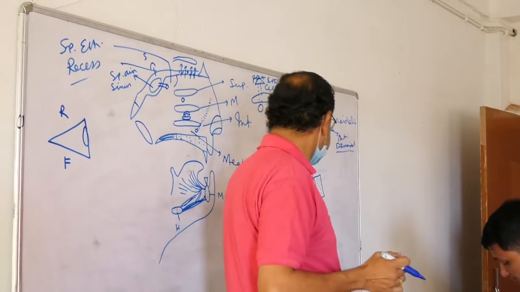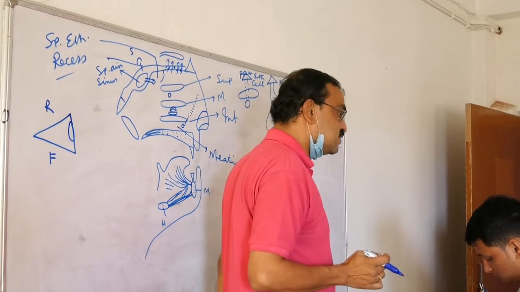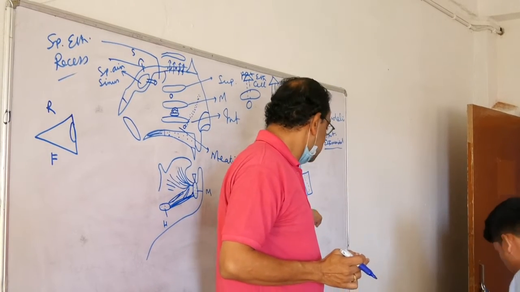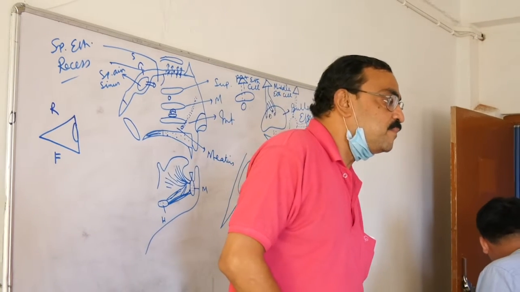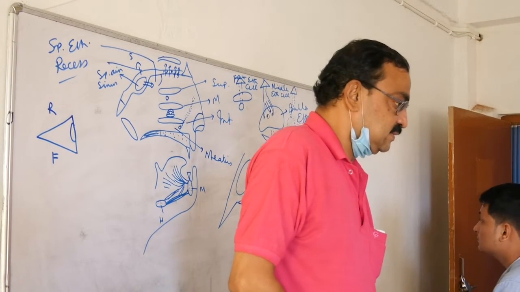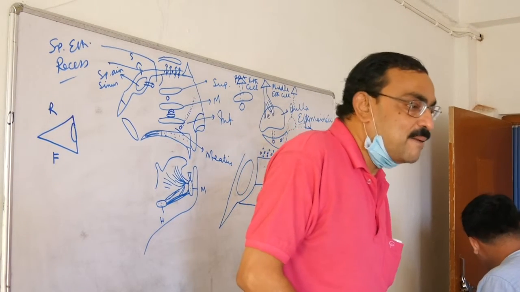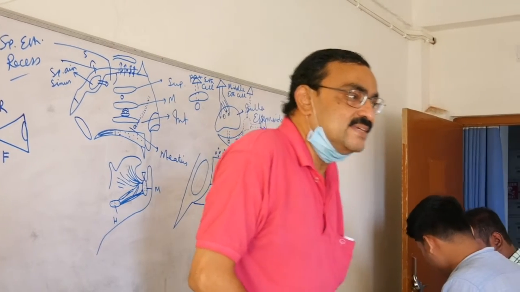A small cartilage is there. This is the mobile septum of the nose.